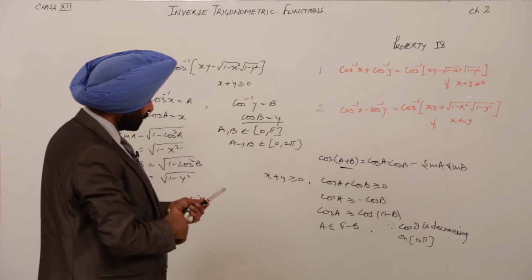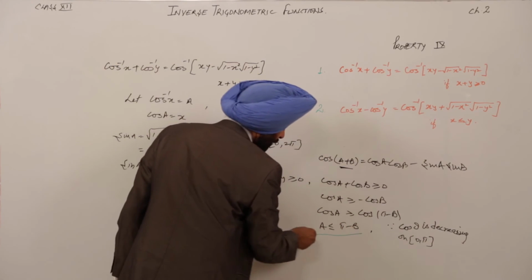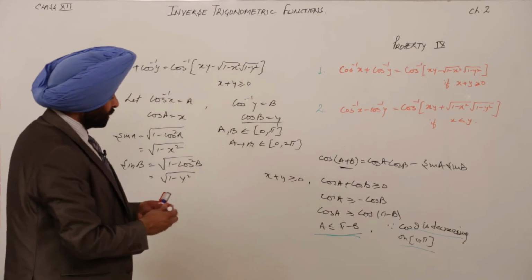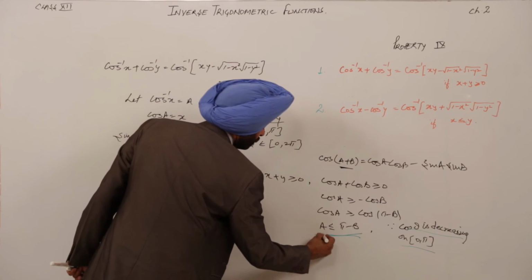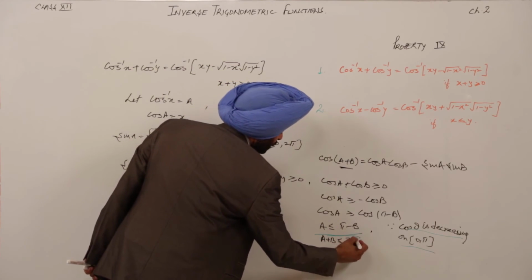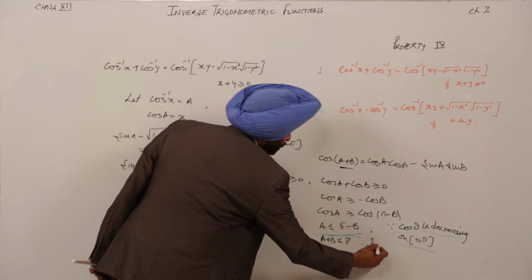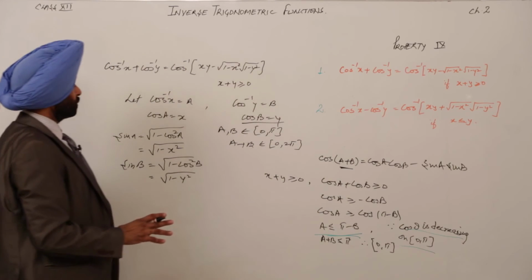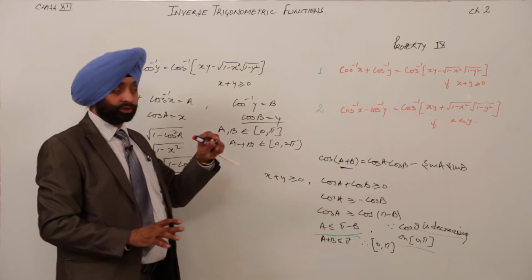Remember, for this particular part, we have to follow this step. Okay. So now from here we get a plus b is less than or equal to pi, and therefore this falls in 0 comma pi. So now our condition is that a plus b falls in 0 comma pi.